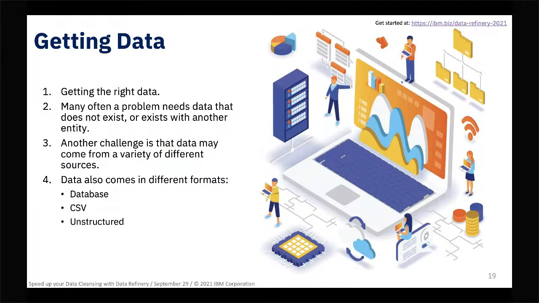You need to prepare the data and make sure that it's in the right format, one that can be used appropriately. These are all the challenges that come with getting the data. You have to make sure that the data you collect is appropriate, that it's actually representative of the problem that you're solving, and also that it's in a format which can be processed easily.